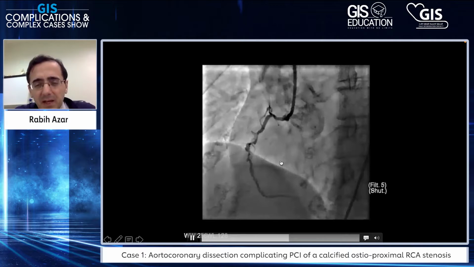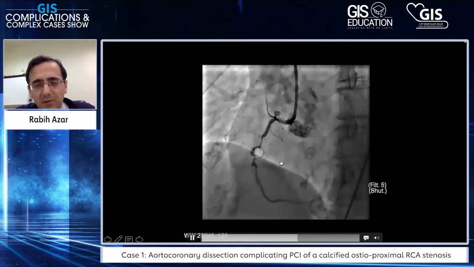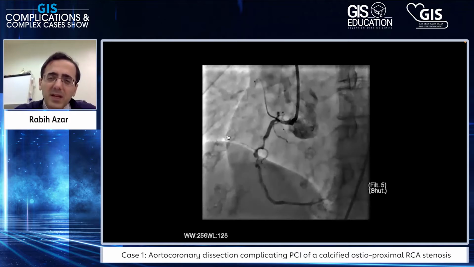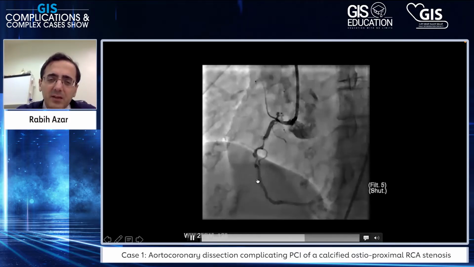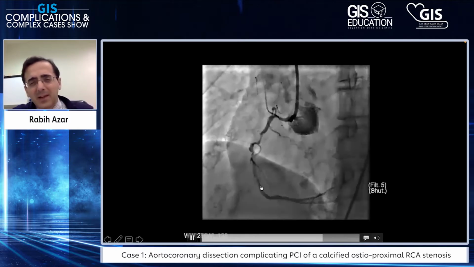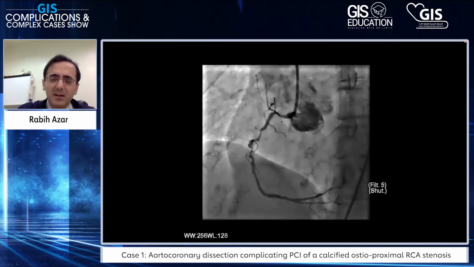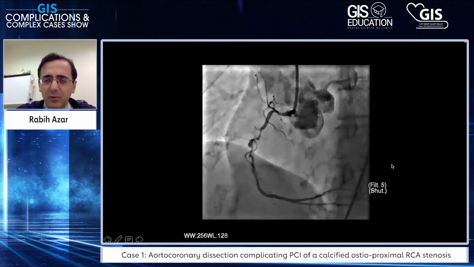But this is the RCA stenosis, very irregular, very calcified, very tortuous, a long segment of disease starting at the ostium of the RCA, extending all the way to the mid-segment. And this was one of the reasons why I wasn't very enthusiastic to do PCI on this very calcified, tortuous vessel.